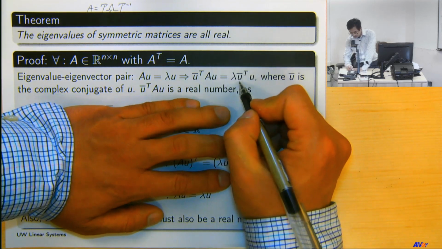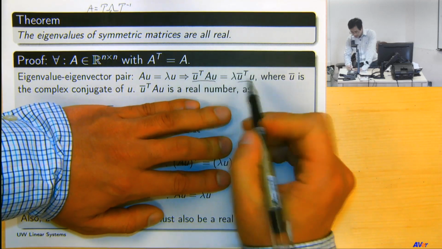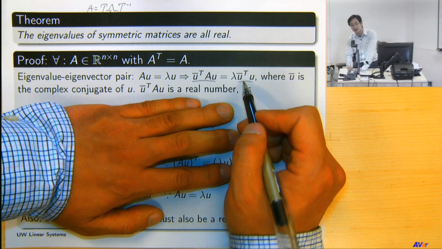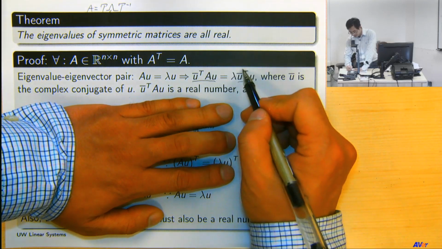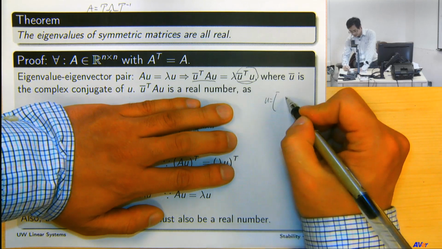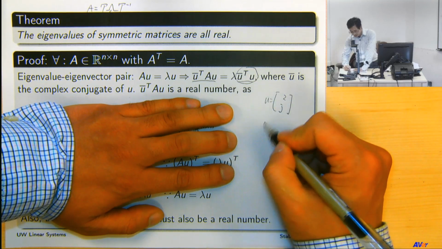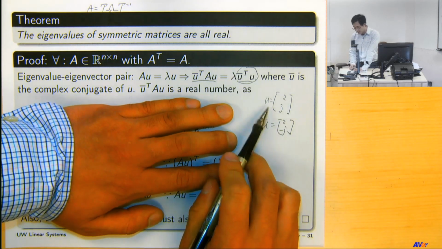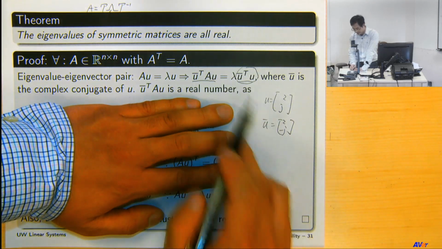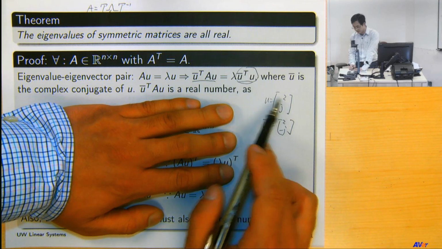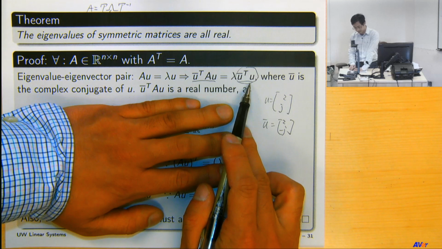However, if we consider multiplying U with its complex conjugate transpose, then this is a real number. Let's say if U is 2j, then U bar is 2 negative j by my notation, the complex conjugate of U, and then the transpose of the complex conjugate times U is going to give you a real number.